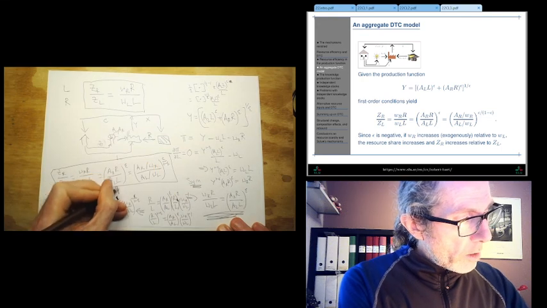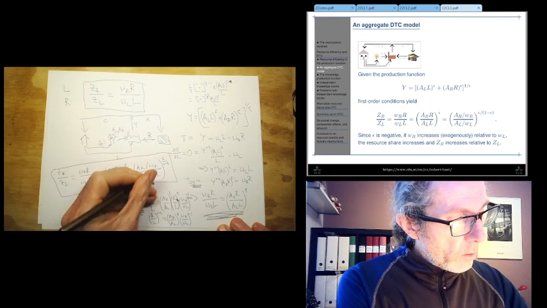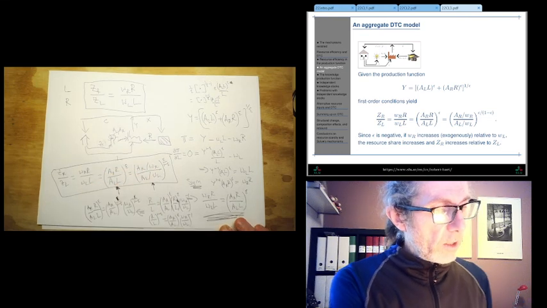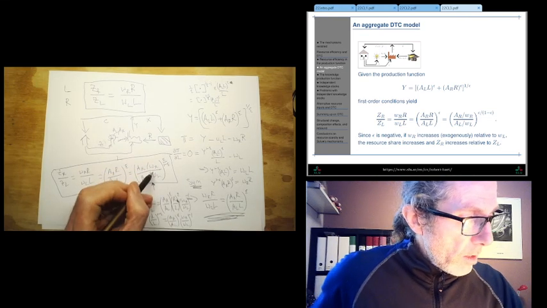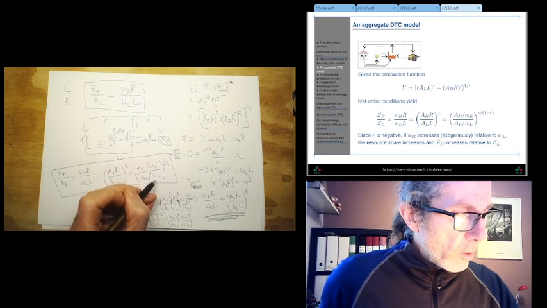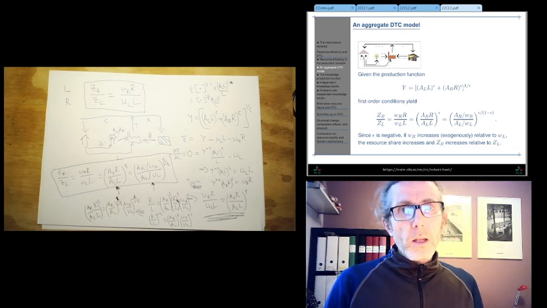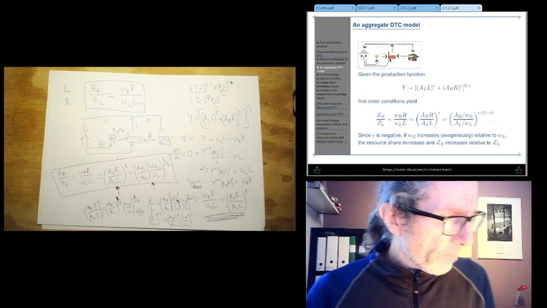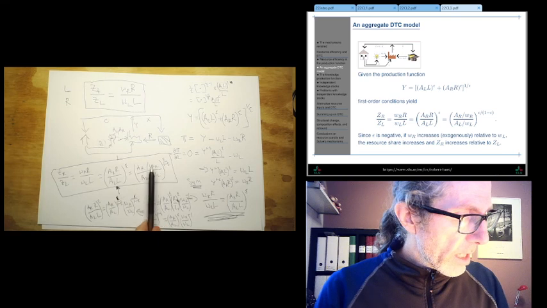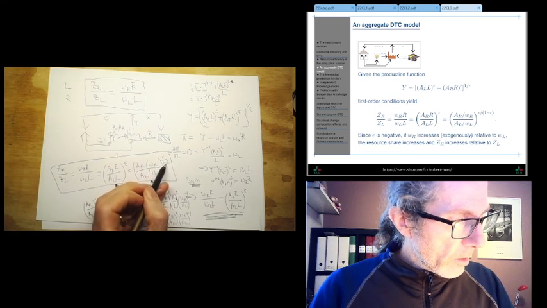So this is what we use if the quantities are exogenously given. This is what we use if the relative prices are exogenously given. So if the price of the resource is some fraction of the cost of labor, then we need to use this. And again, here we see epsilon over 1 minus epsilon is negative.